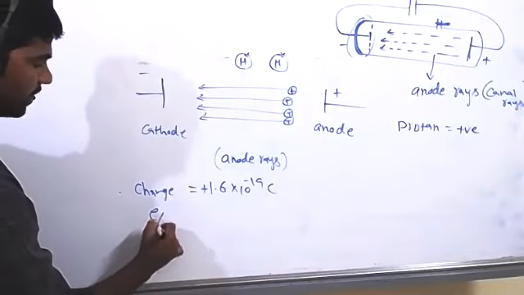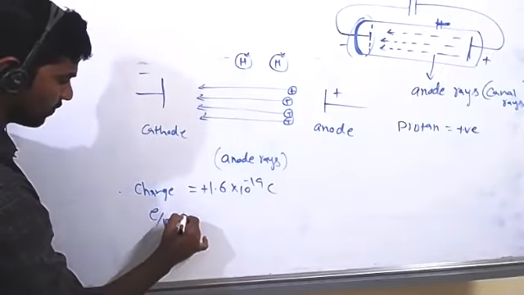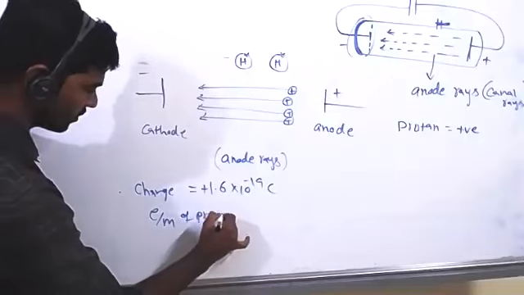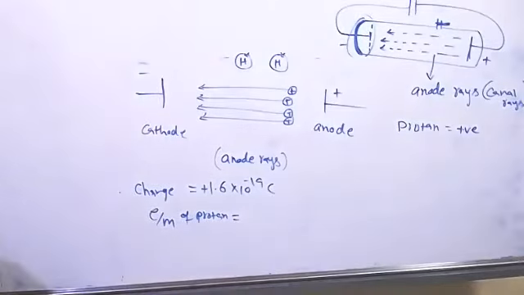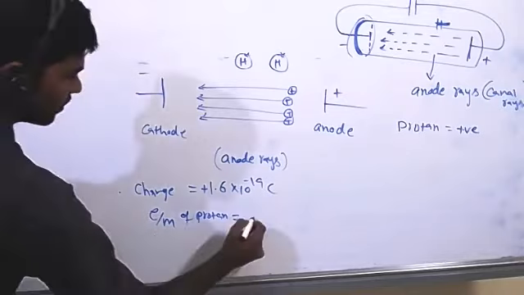If you calculate the e/m ratio of the proton, it gives 9.58 × 10^4.